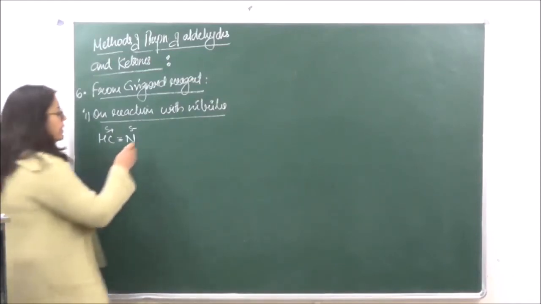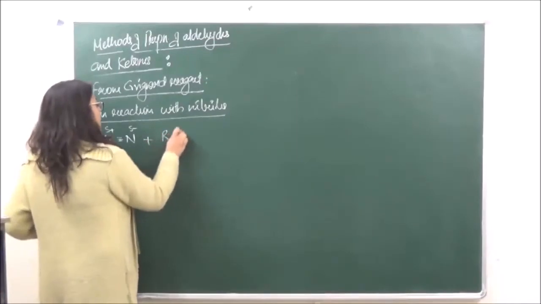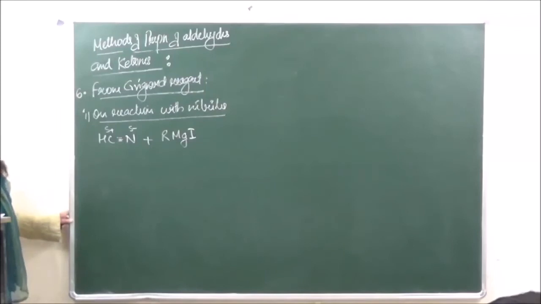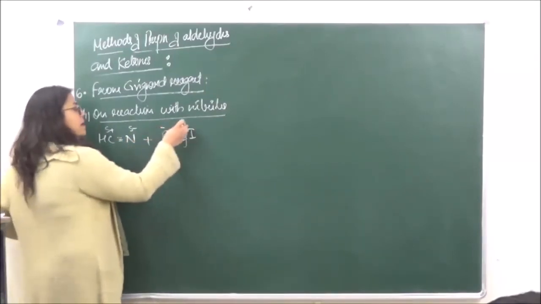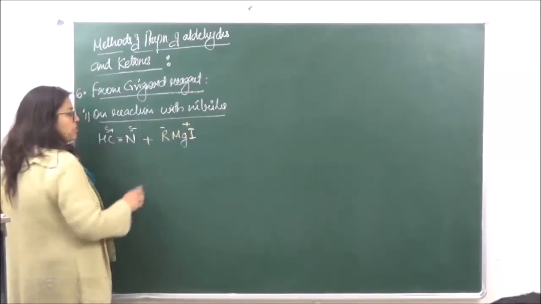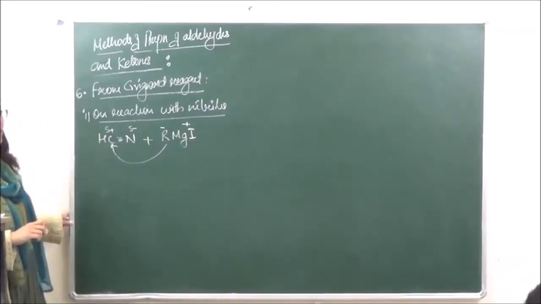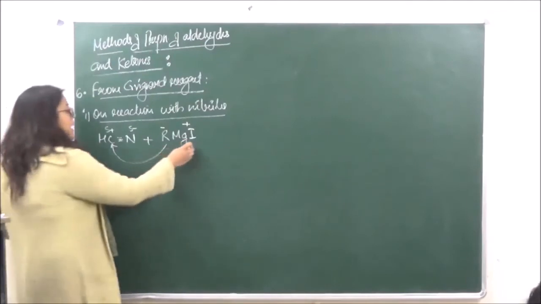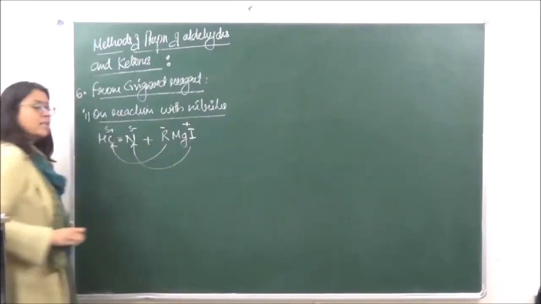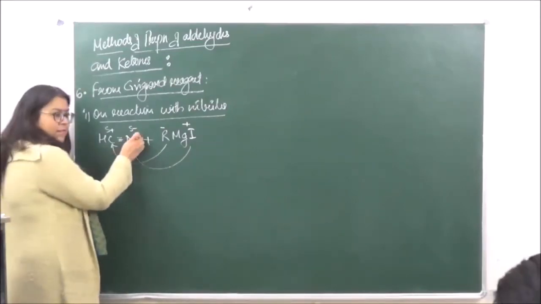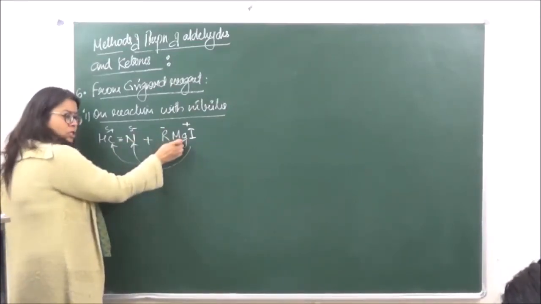So if you're taking over here a Grignard reagent RMgI, we know that over here the alkyl is the negative part and MgI is going to be the positive part, such that the alkyl group will attack at the carbon and MgI is going to attack at the nitrogen. Because over here nitrogen is negatively charged, MgI is positively charged.